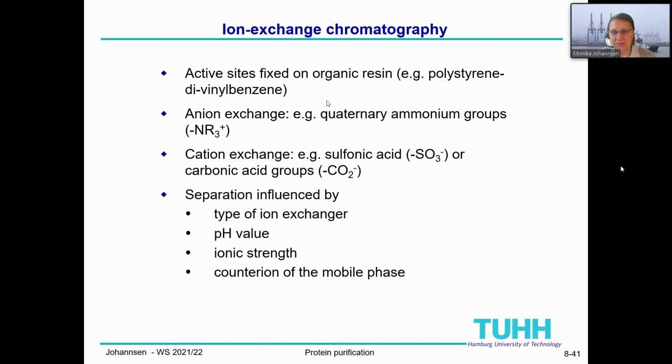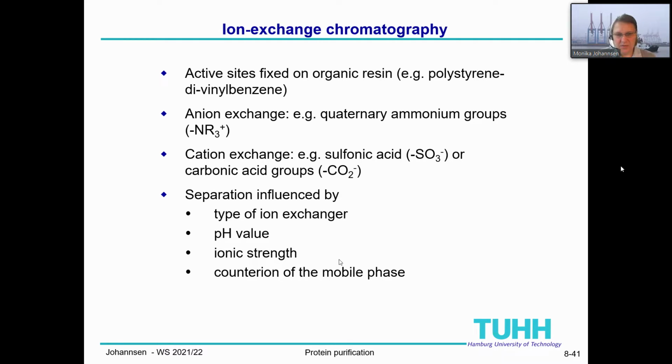This resin can be, for example, polystyrene divinylbenzene. In anion exchange, we need positively charged groups, like the quaternary ammonium groups. In cation exchange, we need negatively charged groups, like the sulfonic acid or the carbonic acid groups.